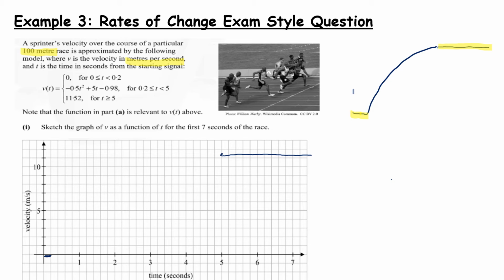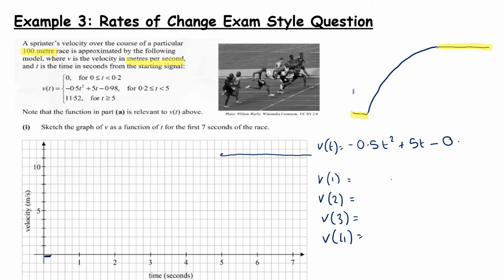So let's make a little table to just work out. So we're going to do V of 1, V of 2, V of 3, and V of 4. And we're using this V of t, minus 0.5t squared plus 5t minus 0.98.